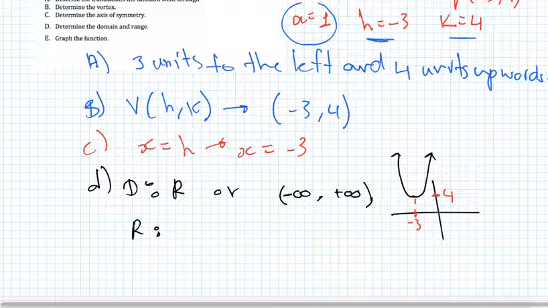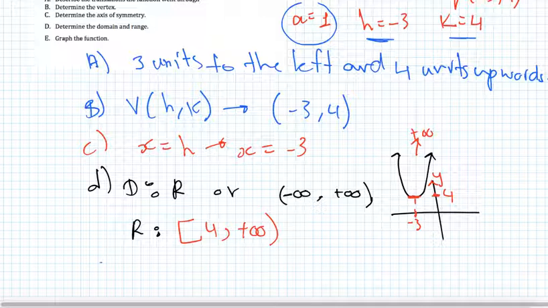So I want to describe the range on the y-axis. It's going from 4, that's the minimum point, and it's going up to positive infinity. So the range can be written as from 4, included, to positive infinity, not included. Okay?